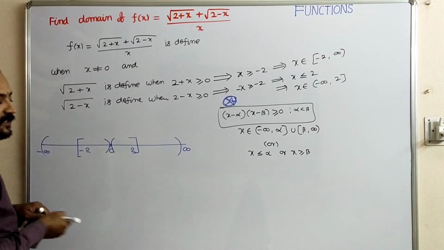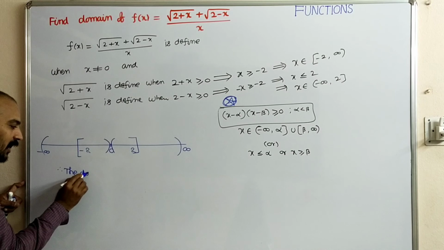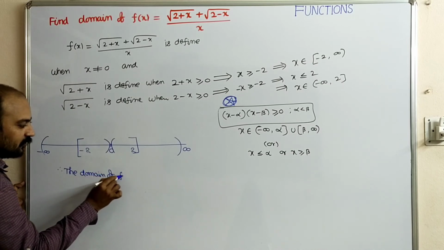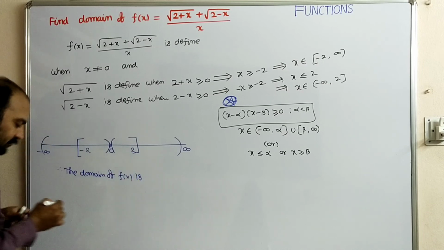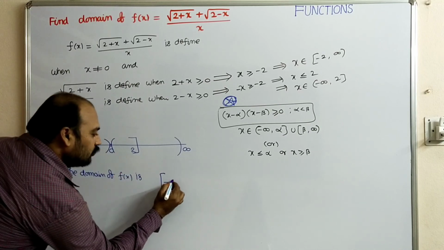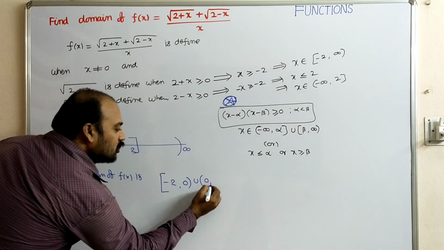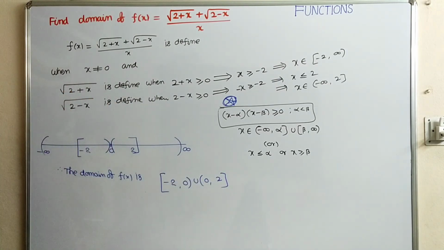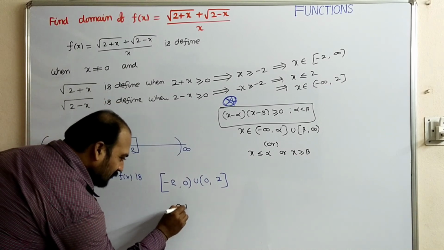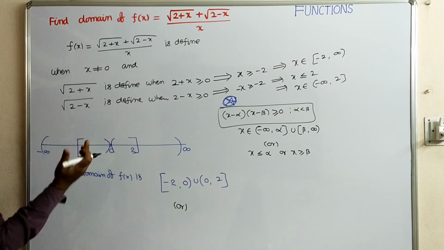Therefore, we can write it this way. Therefore, the domain of f of x is closed minus 2 to open 0, union open 0 to closed 2. Or we can write it like this also, another representation: closed interval of minus 2 to 2, in which 0 should not be there.